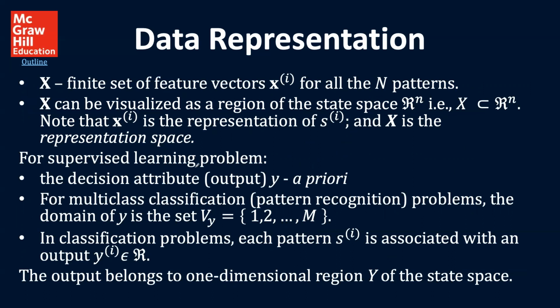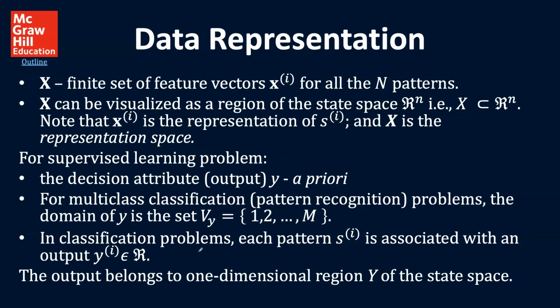For supervised learning, and this is what we'll be getting into in the next chapter, the decision attributes, the output Y, is something that we would have beforehand with the training set. And for multi-class classification, this gets into pattern recognition. The domain of Y is a set V, and we'll have a set of those from 1 to m.